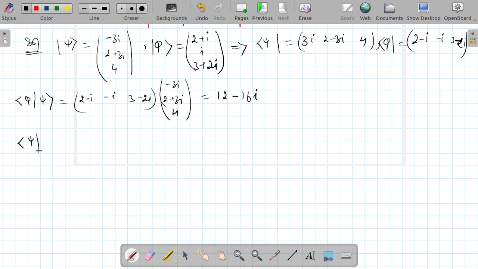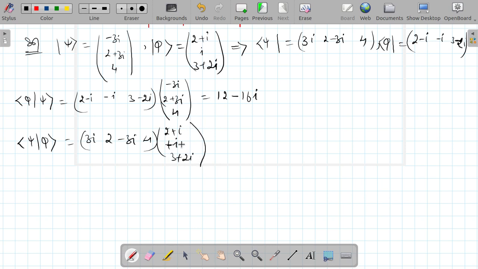Similarly, the scalar product of psi with phi can be written as 3 iota, 2 minus 3 iota, 4, and here it is 2 plus iota, 3 plus 2 iota.